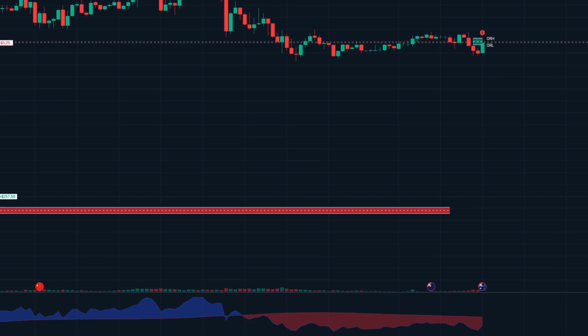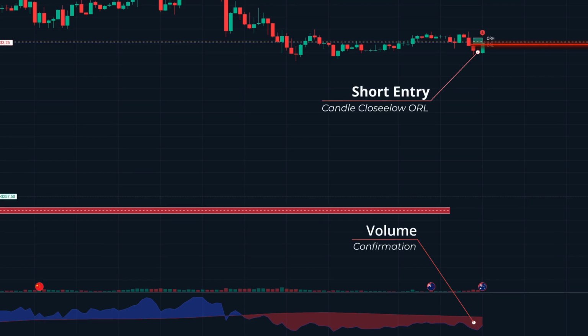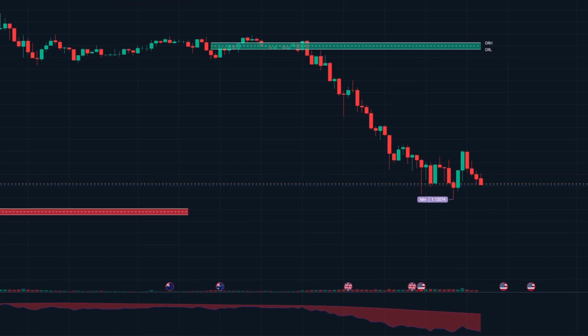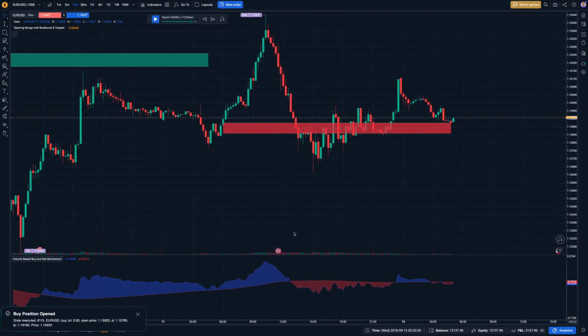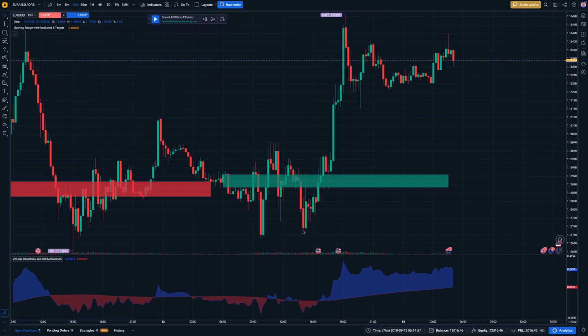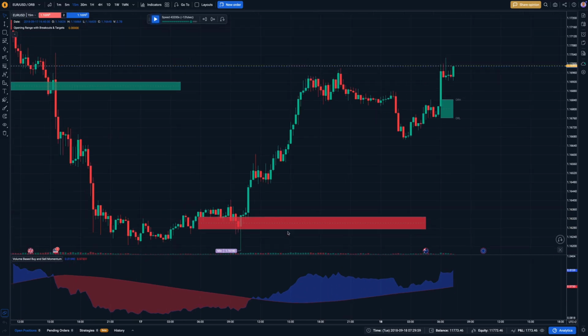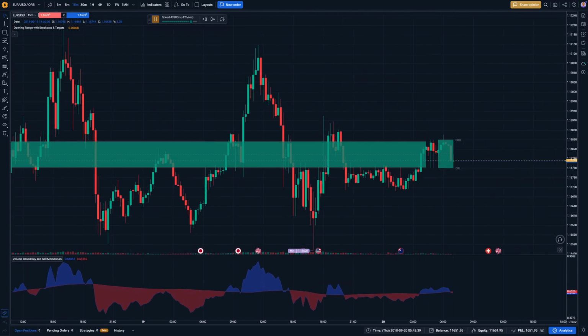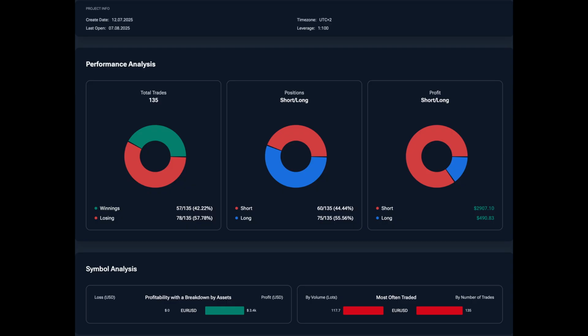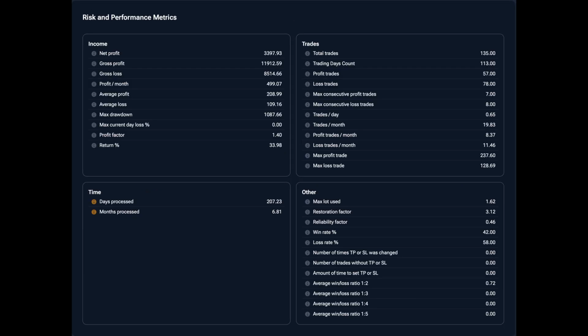We only enter positions when volume confirms our direction, focusing on higher probability setups that avoid early stop-outs. Let's see how this performs. Here are the results after 100 trades with the combined approach.